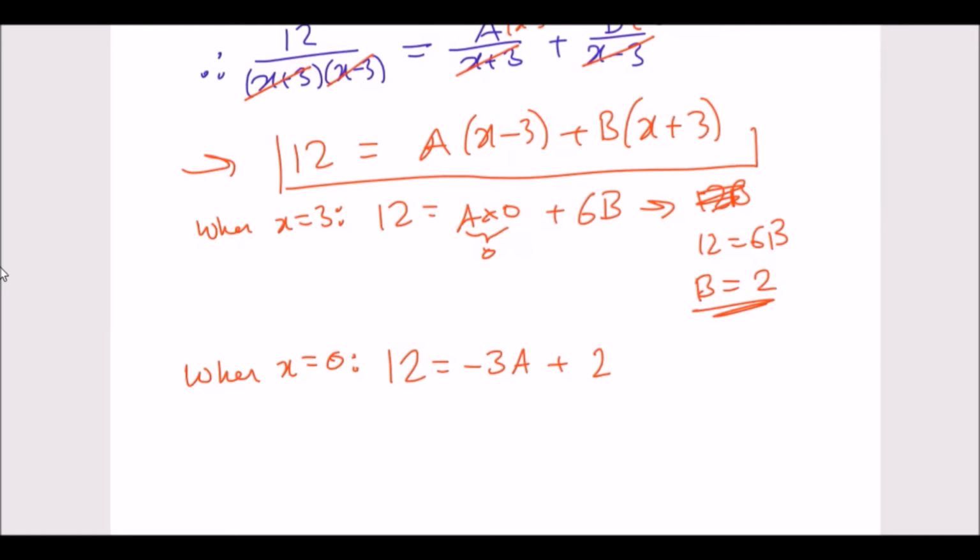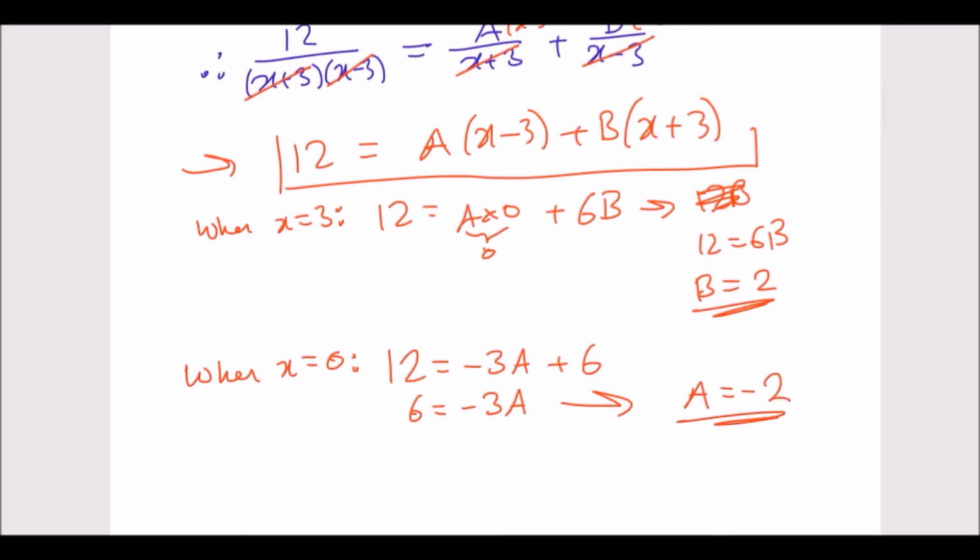And then x we said is 0, so it would be 2 times 3, which is going to be 6. There are other ways to do this, you could choose negative 3 to cancel it, but I like to choose a number like 0. So solving this equation to find a, subtract 6, so you get 6 equals minus 3a, and dividing by minus 3, you should finally get a equals minus 2.